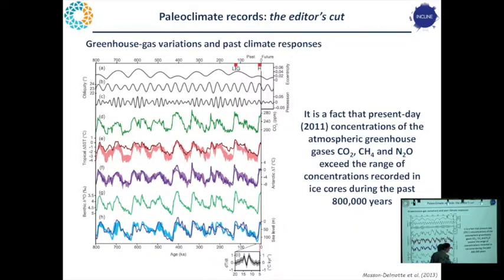Take another example, this one here: sea level is very low. Take this one here: sea level is, again, very low. Take high CO2 periods in the past. This interglacial here, high sea level. Take this interglacial here, high sea level. There is a mechanistic link between both, right?